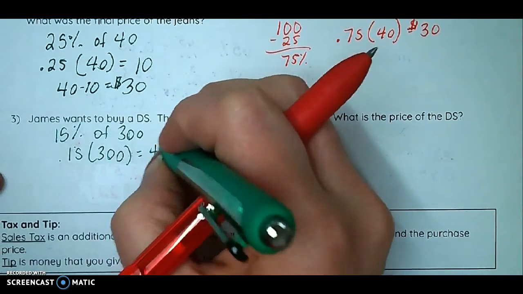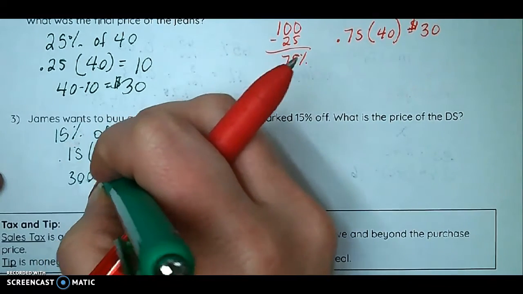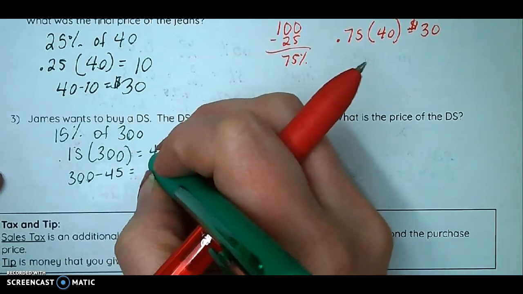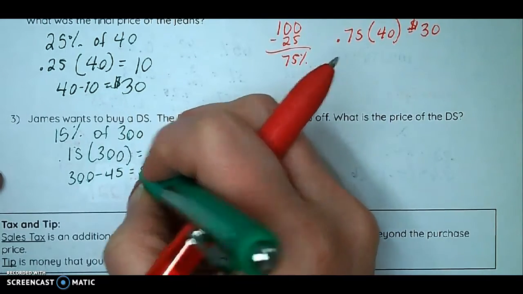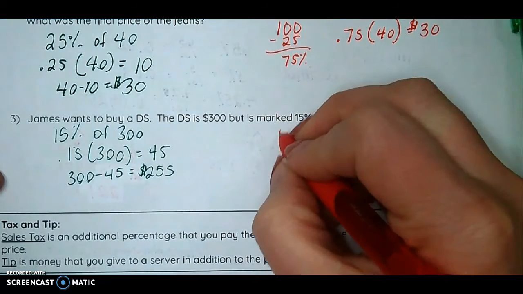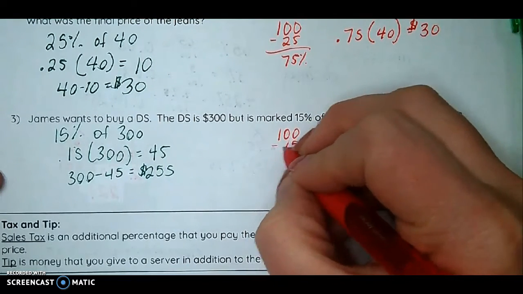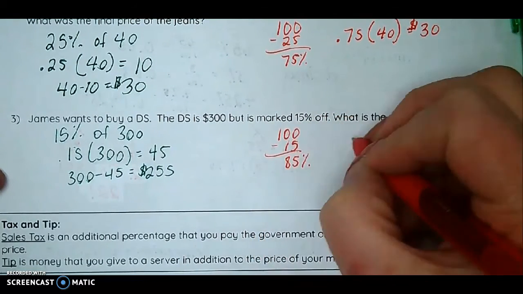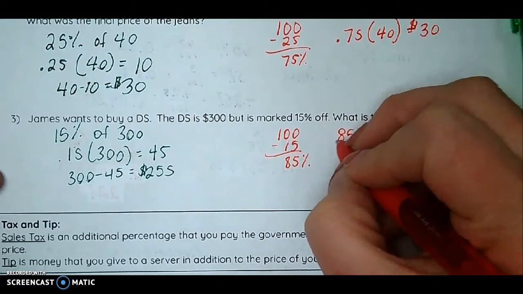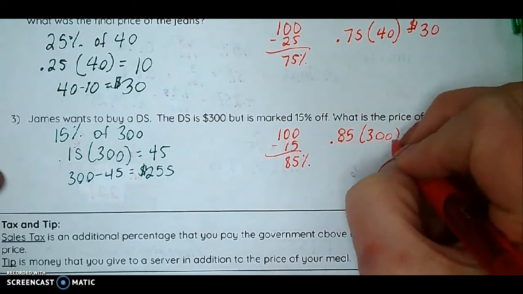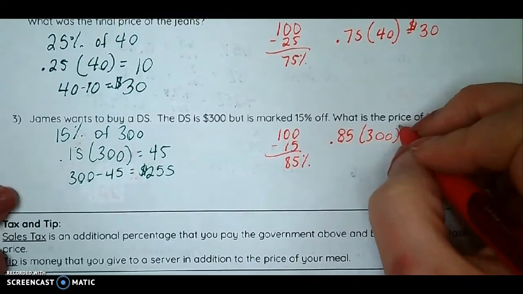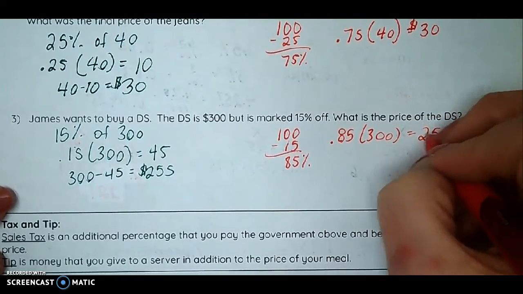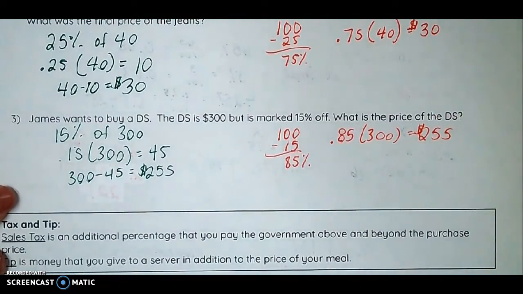So that's $45, and then I would do the original price minus the discount in dollars, and I would get $255. Method two, I would find that I'm paying 85% of that original cost, which means that I am paying $255. So once again, same answer, two different ways of doing it.